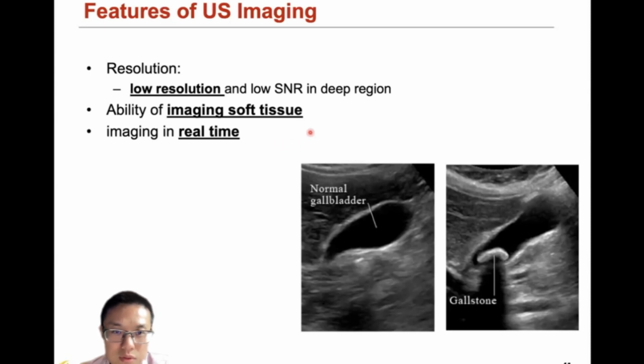When doctors move the transducer around your body, you will see a real-time image of different regions show up on the computer.